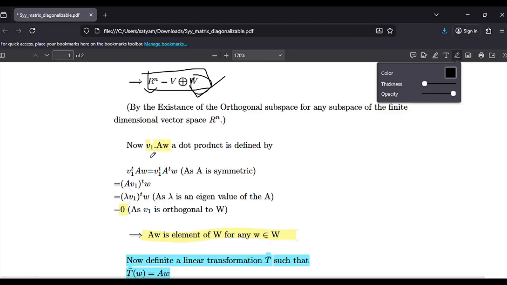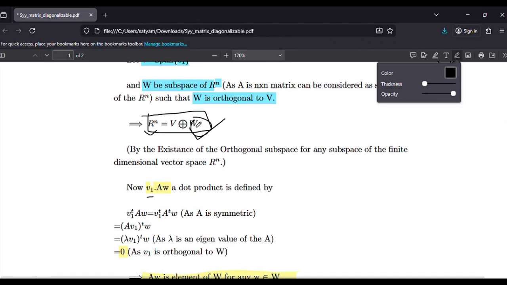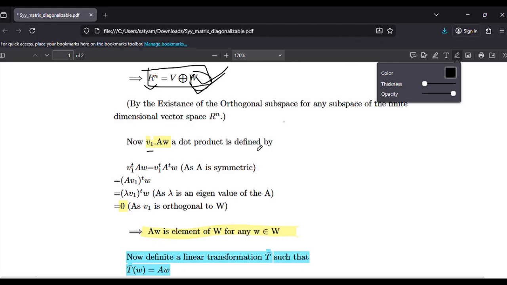Now we try to find the dot product of v1, which is the eigenvector corresponding to lambda, and the vector A of W, where W is an element of the vector space W. By the definition of dot product, it will be v1 transpose A W, which is v1 transpose A transpose W, because A is symmetric, so we can write A equal to A transpose.